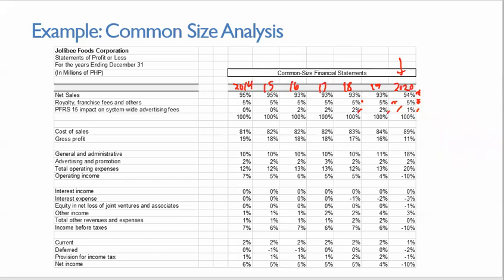Cost of sales, from 82 to 84% usually, is now as high as 89%. So that's a 5 percentage point increase, from 84 to 89%, and that is reflected in the gross profit, which decreased by 5%.